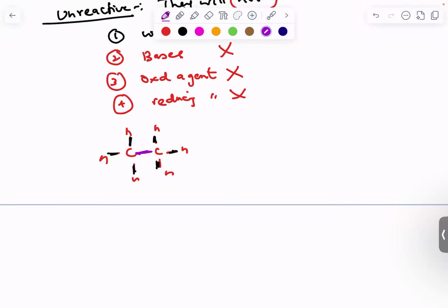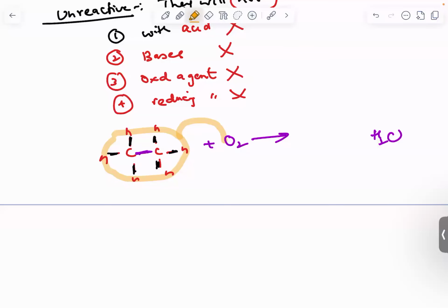So these bonds would be broken in the presence of heat, or at a very high temperature. And when they break in the presence of oxygen, what is going to happen? All these bonds would get broken, and these hydrogens will combine with oxygen to make water. And these two, just a minute.